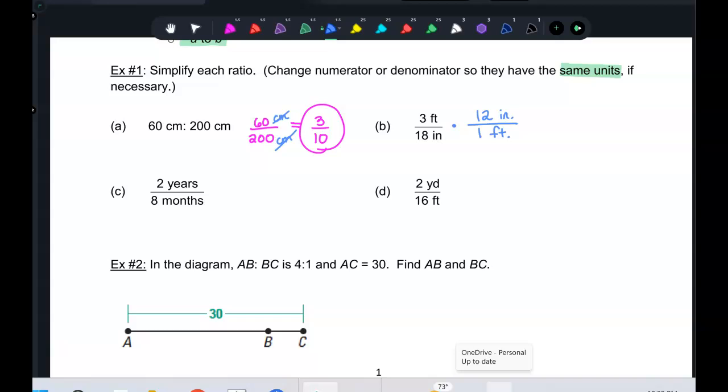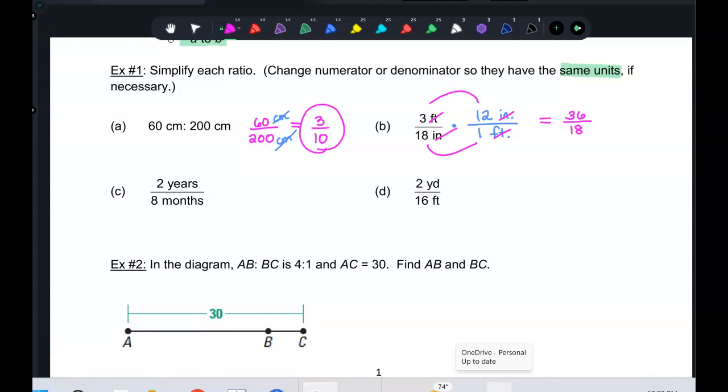To cross it out. So some of you, anybody taking chemistry where you have to convert units? Yeah. So I need to think about what's equivalent here. 1 foot is 12 inches. And then we can cross cancel here, feet and inches. And then I'm going to multiply 3 times 12 is 36. 18 times 1 is 18.